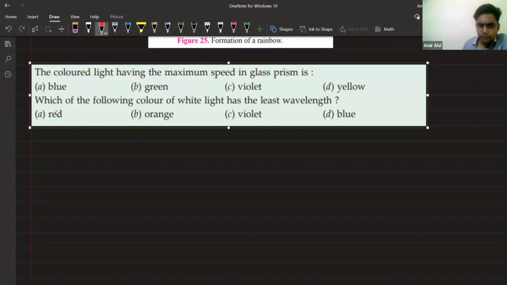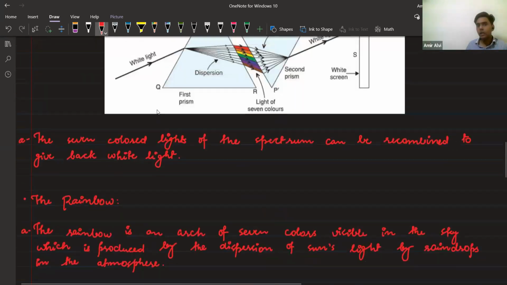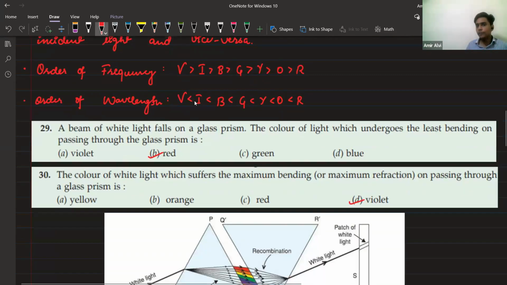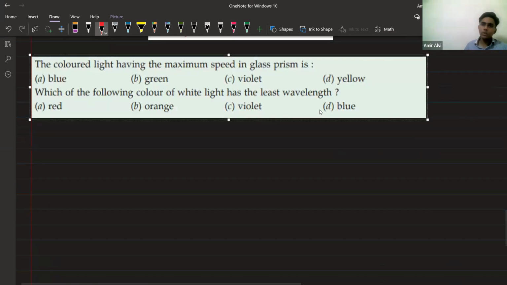Which have the least wavelength? It's simple. Least wavelength means the highest frequency, and the highest frequency is of violet. I told you in the last class the order of frequency and the order of wavelength. The order of wavelength is smallest for violet and longest for red. So the second case is violet.